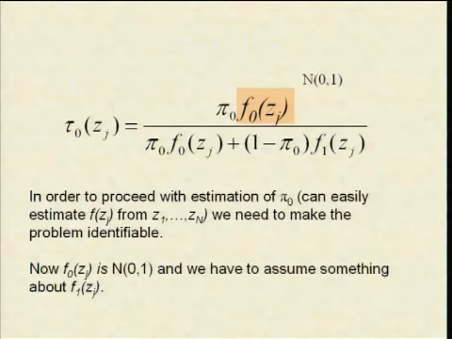We've got to try and make this problem identifiable. Well, it's reasonable to take this null density to be a normal(0,1). If we're confident that the p-value is going to behave as a uniform random variable under the null, then this z value here will be a standard normal. So its density is a standard normal.